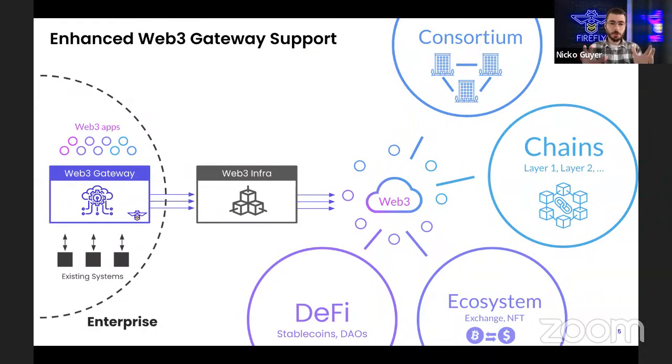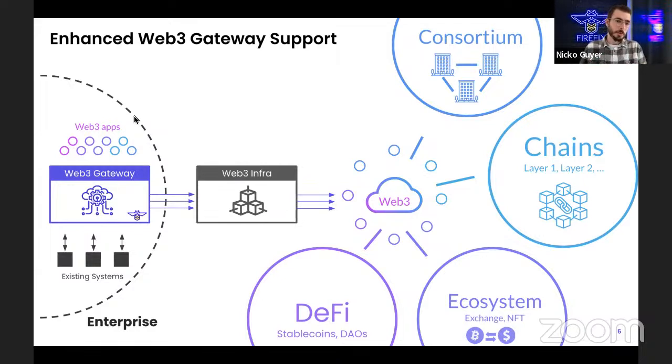And really this is the picture that we've had in our minds for what FireFly needs to become for a while, and this really rounds out the picture. Over here on the left, you can think of this as my enterprise, and this dotted line is the boundary between what my company runs and manages, and the rest of the world out here.